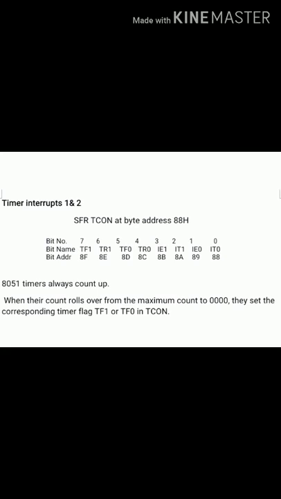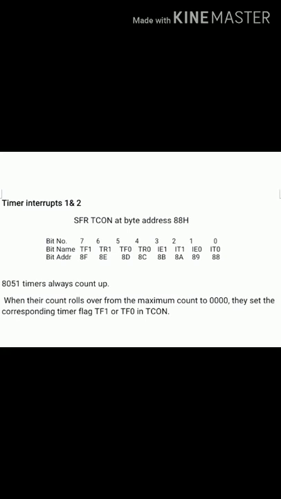When the timer is set on, it keeps incrementing and ultimately reaches FFFFH. When FFFFH is reached, if it is incremented again, it rolls over to 0000. That's what we call a timer rollover, meaning the timer has overflowed. When the timer overflows, the timer interrupt occurs.